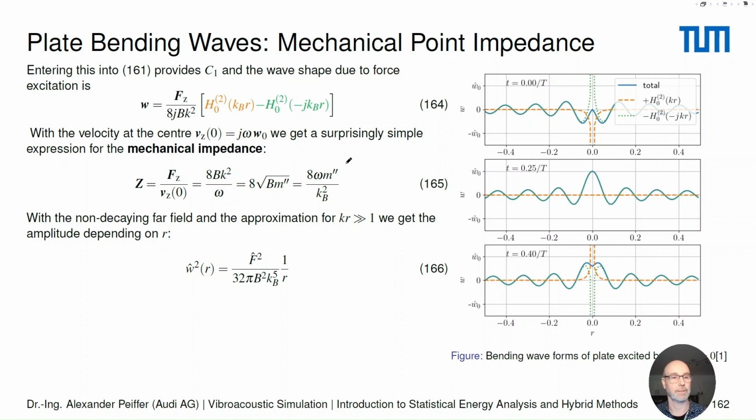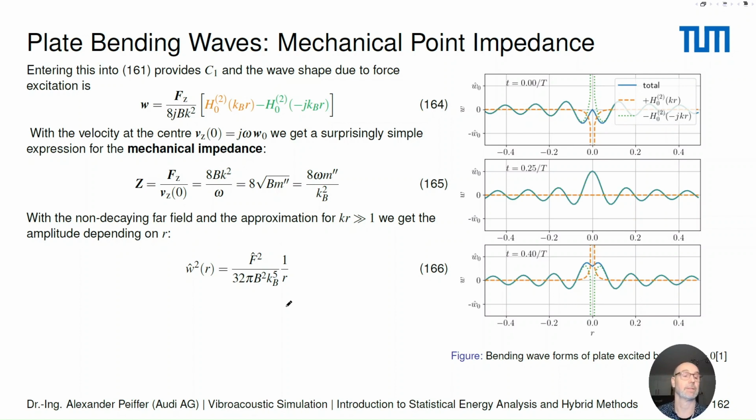And this would be this expression here. So just the wave number is part of this formula, the frequency and mass per area, nothing more. So this is really quite simple. And this is also good because that helps us to easily identify the source characteristics if some point-like source is exciting a plate.